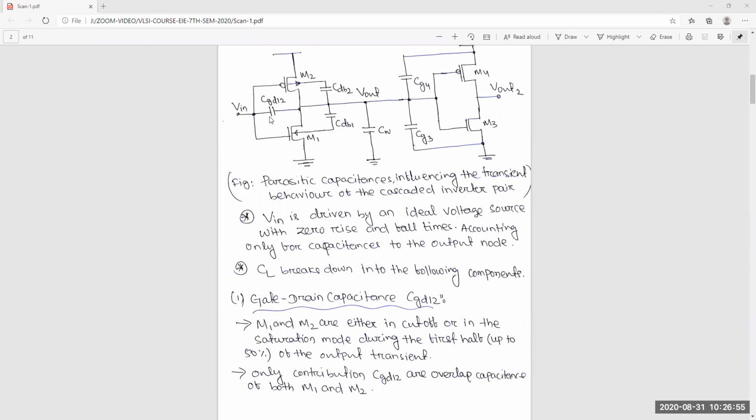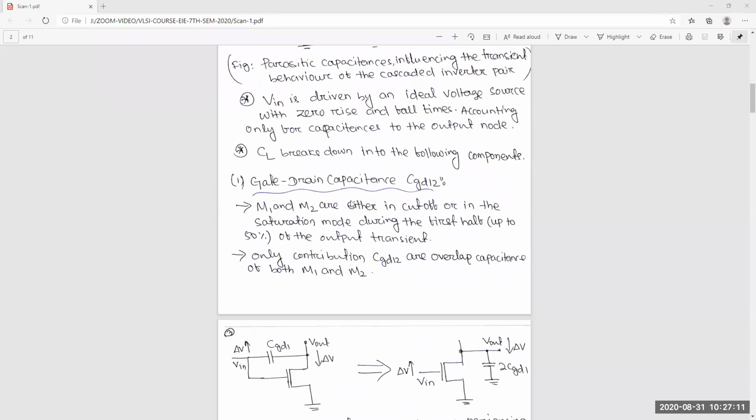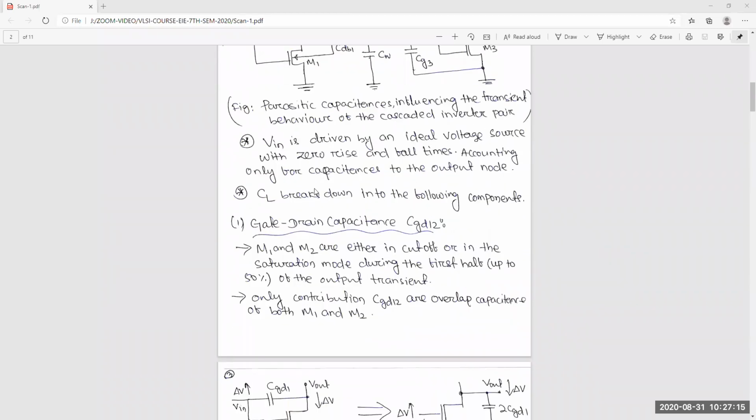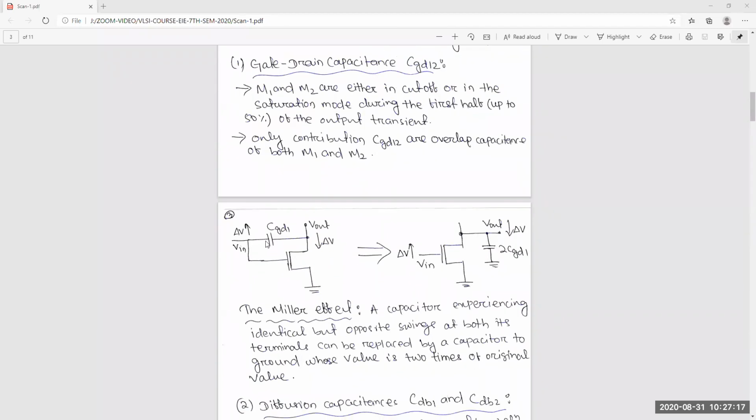How this drain to gate capacitance, the CGD of the first inverter, is adding to the CL also. If we take this NMOS, you can see this is the capacitance. This is the output node and this is the input node. This is CGD1.